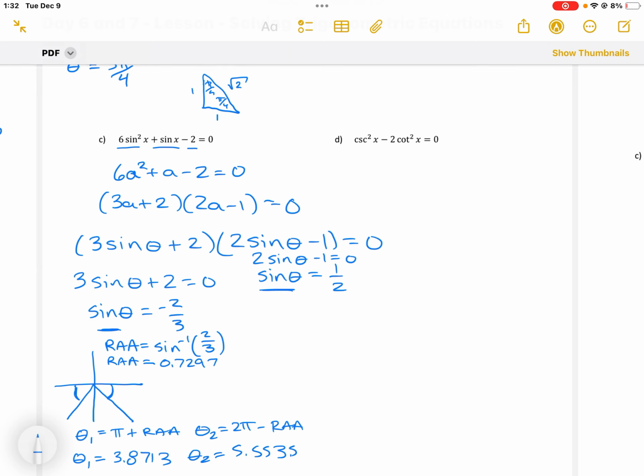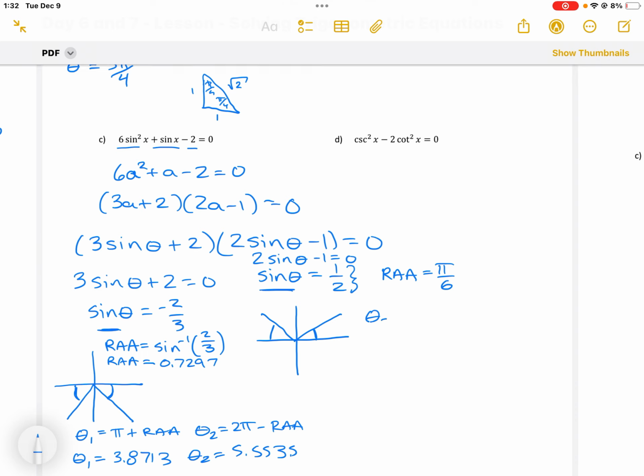5.5535. For my second equation, I'm going to find my locations, first quadrant and second quadrant, because sine is positive. I know that this one comes from a special triangle, and so my related acute angle is pi over 6, which is this distance here and this distance here.